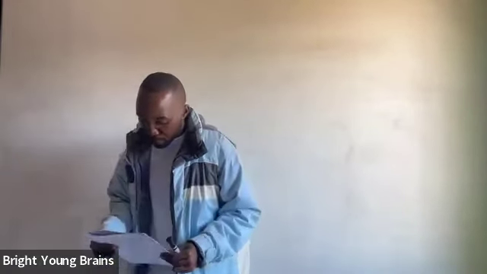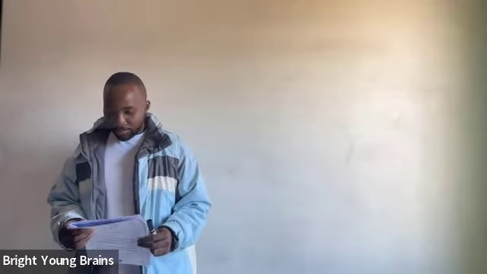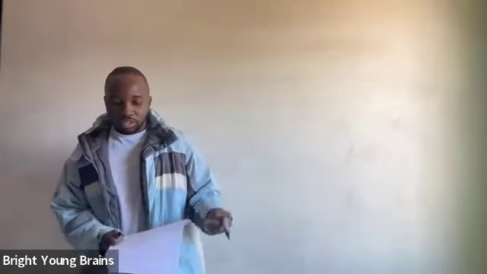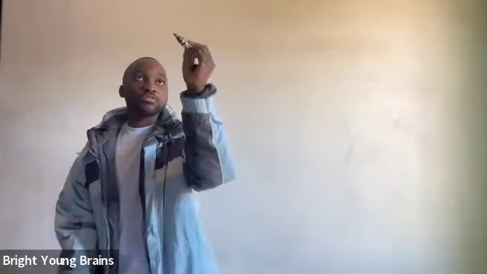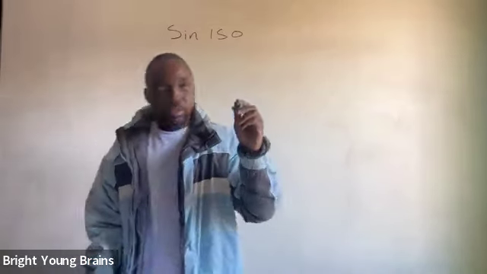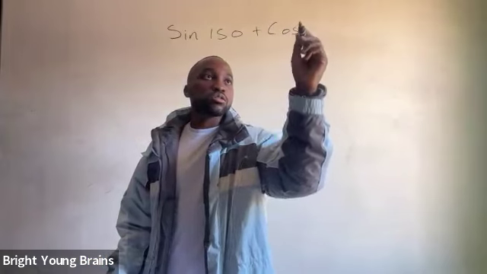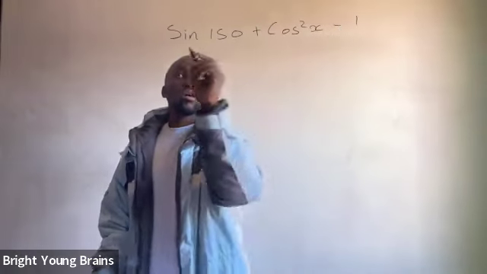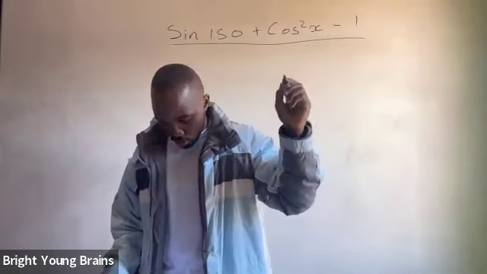In this video, I'm going to go through the 2024 May-June question number 5.3. 5.3 was a trigonometry question, and this is what they asked: sine 150 plus cos squared x minus 1, the whole thing over 2, I believe.